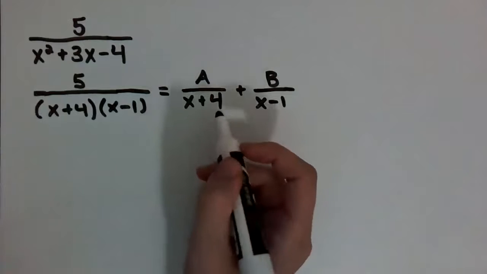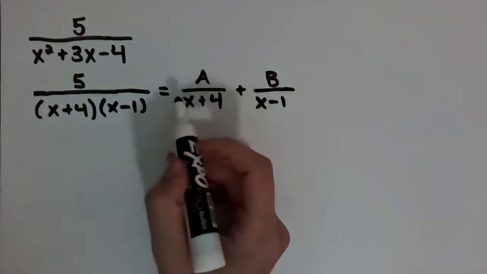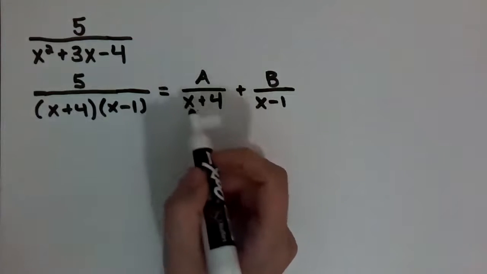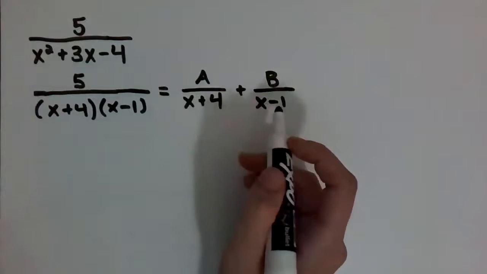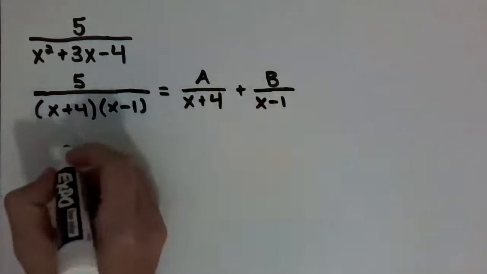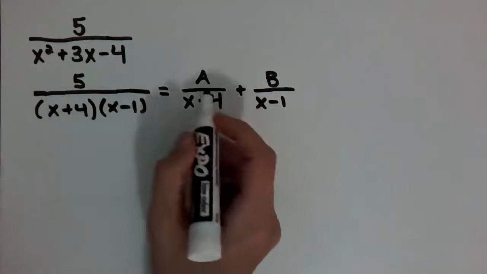And the way that works is we start with one of the simpler denominators, and we multiply the whole equation by that. So that's how we start. So let's start with x plus 4.